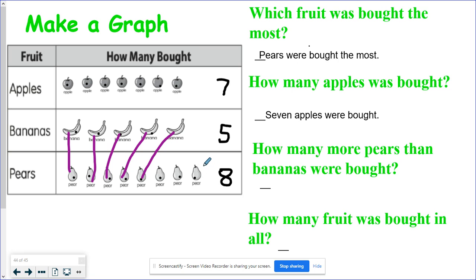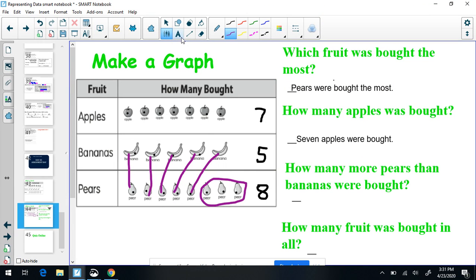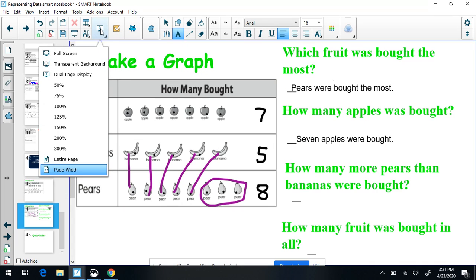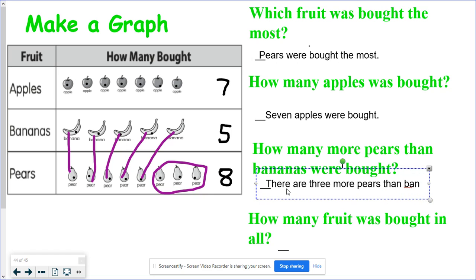Now we can circle what is left over. And we see that there are 3 more pears than bananas, because 8 minus 5 equals 3. So we'll go ahead and type that in. There are 3 more pears than bananas.